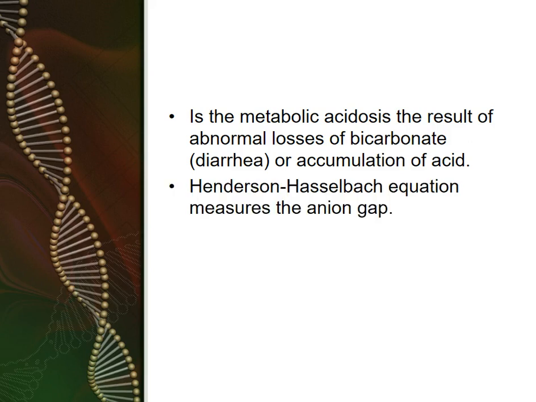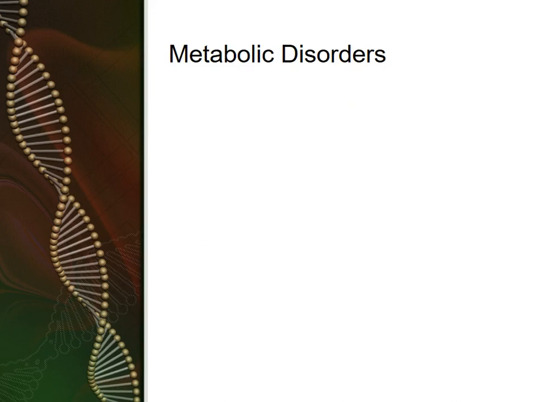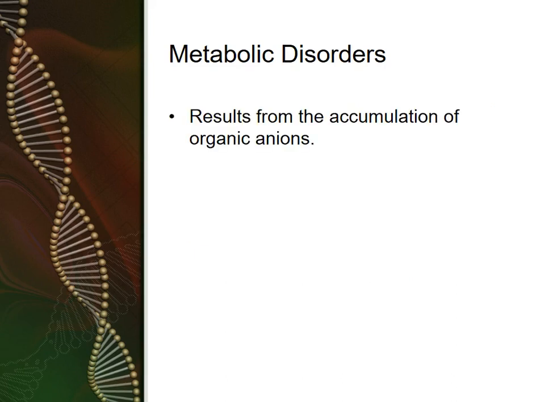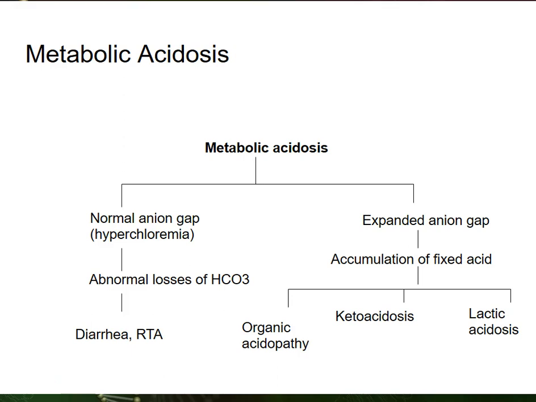And this is when we use the Henderson-Hasselbalch equation to measure the anion gap, which is plasma sodium minus chloride plus HCO3. This should be between 10 and 15. In metabolic disorders, there's an accumulation of organic anions. This results in a persistent elevation of acid or mild metabolic acidosis with intermittent acute metabolic decompensation.